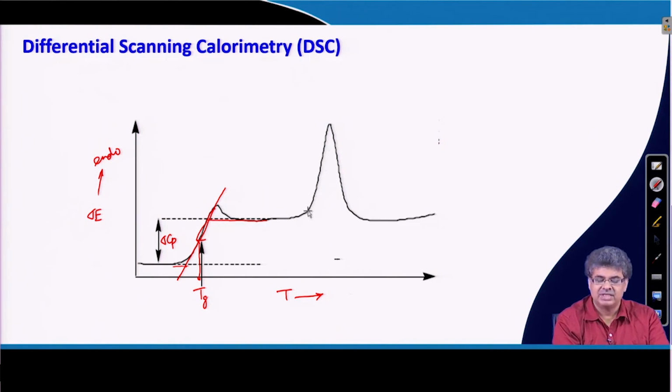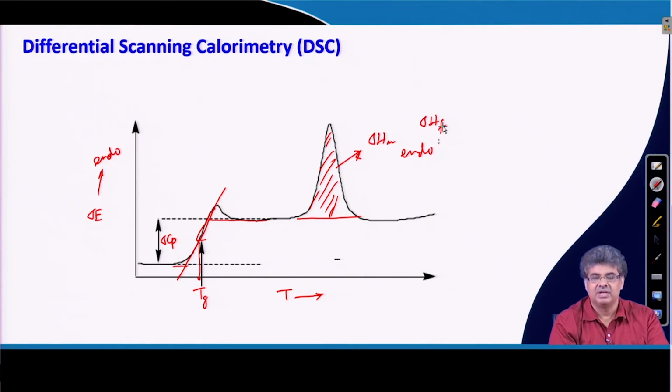The melting process is generally endothermic. So, we have a peak towards the endo direction, and the area under this curve will give us the value of delta H melting or delta H freezing, whatever you call it. Generally the peak value is considered as the melting point of the polymer. So, from a single experiment, if the sample is semicrystalline, we can get Tg and Tm.